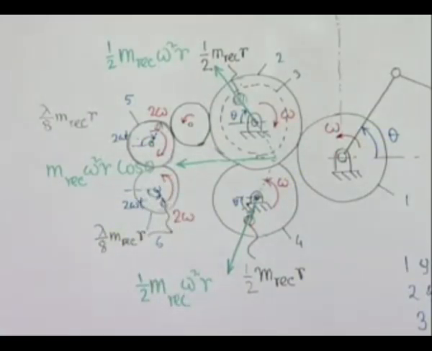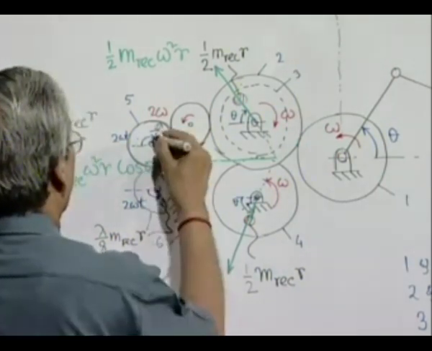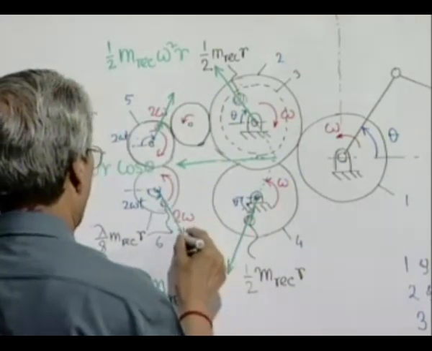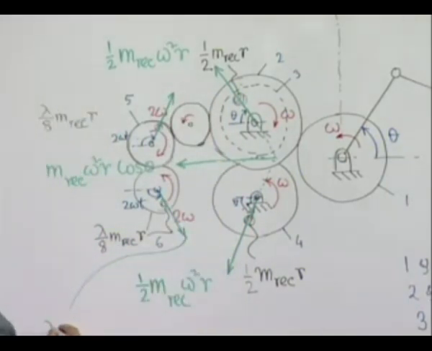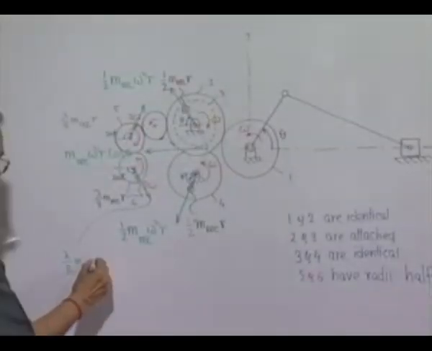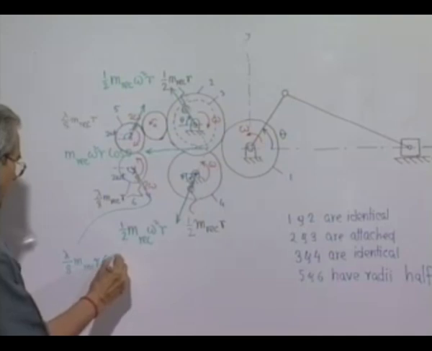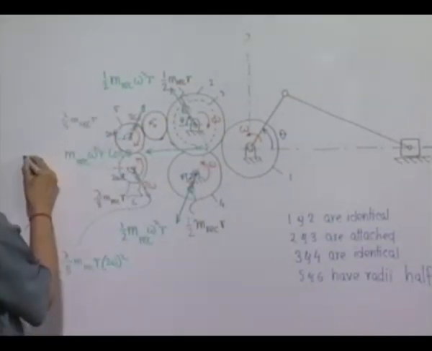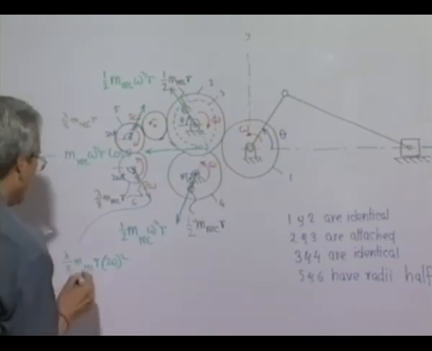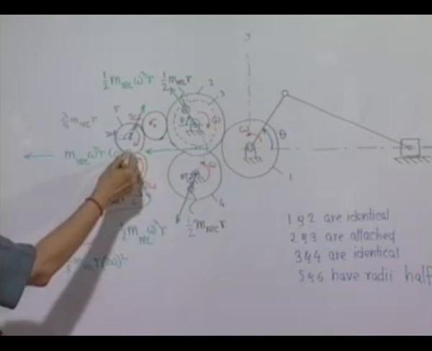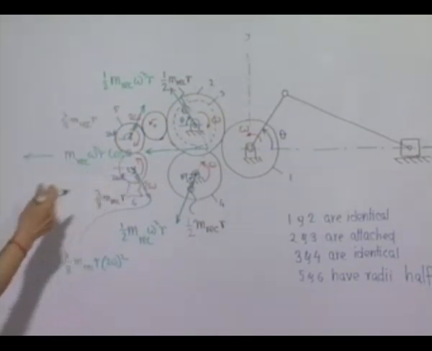And what will be the force produced? Here, of course, this force is lambda by 8 m reciprocating r 2 omega square, same is this, and the resultant in this direction will be cosine component of this, cosine component of this, y components are neutralized among themselves.